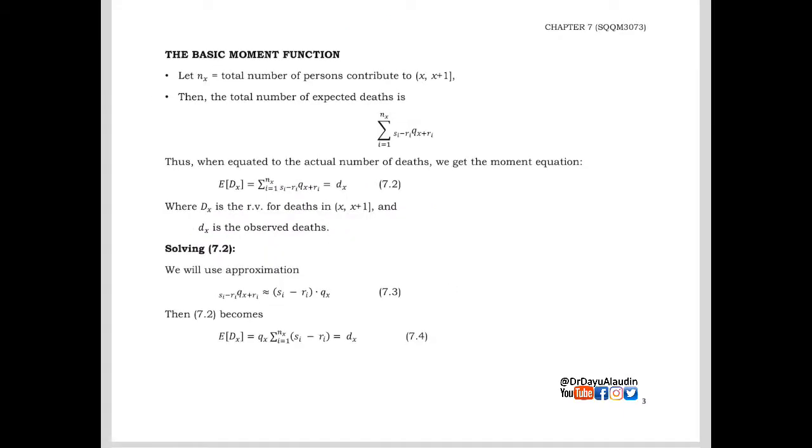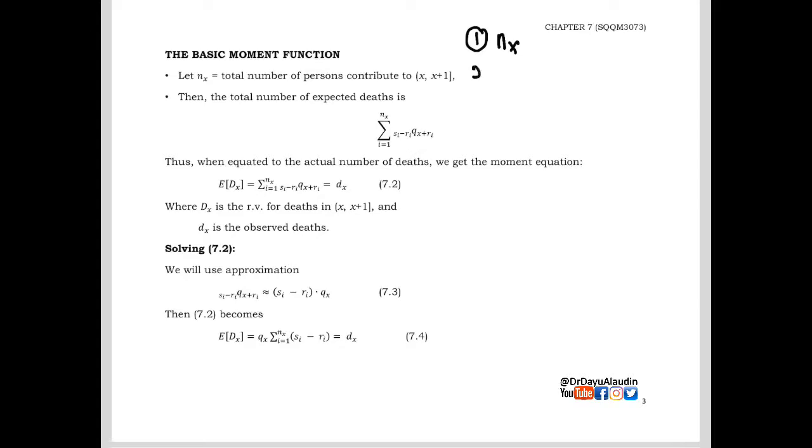So the basic moment function. The first one, you have to know what is nx. nx is the total number of persons contributing to x plus 1.